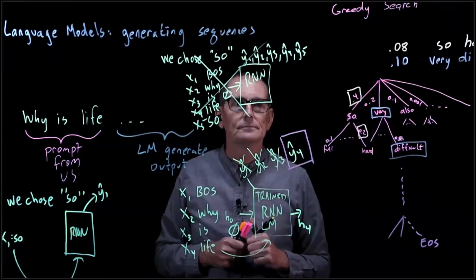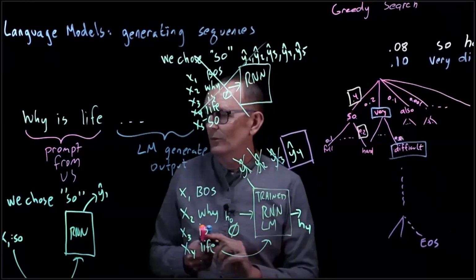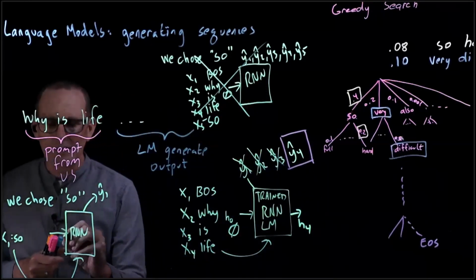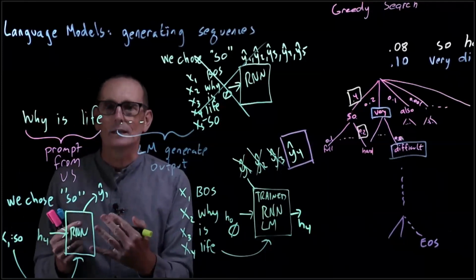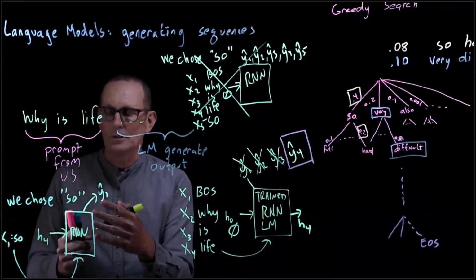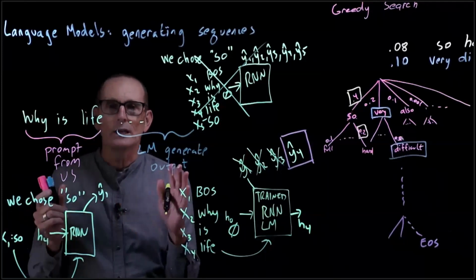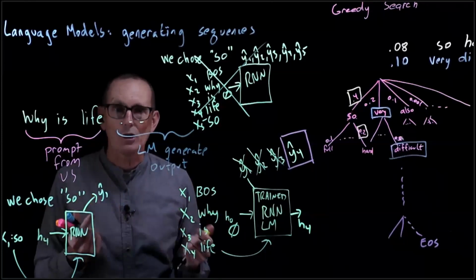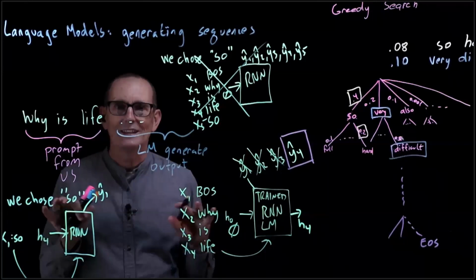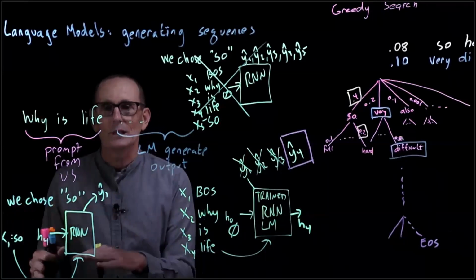We use h4. Exactly. We feed in h4. If we feed in h4, we're going to get identical results, right? This is deterministic, because we're not in training mode. In training mode, this might not be deterministic. We might have dropout and other sorts of things. But in evaluation mode, this is completely deterministic.